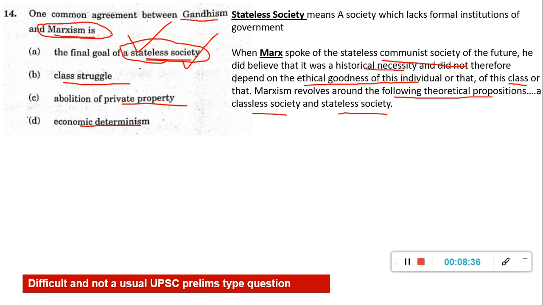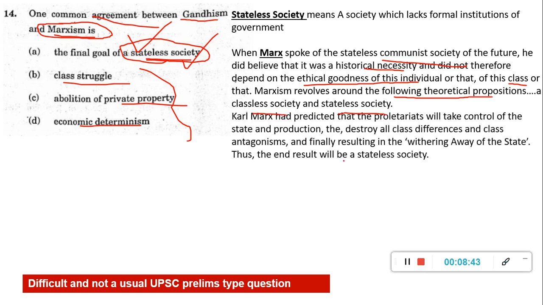Maybe he has told about all these things also, but now we have to see whether Gandhi and Marx told the same thing, whether there is a common agreement between both of them. Marx had predicted that everyone will take control of the state and production, they will destroy all class differences, and finally it will end in a stateless society. As I told, these are all Googled materials.